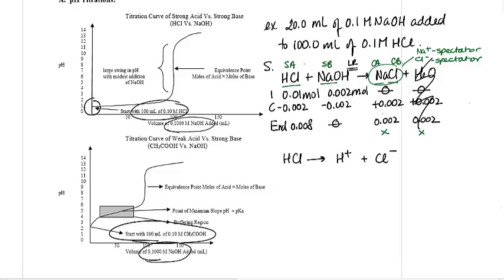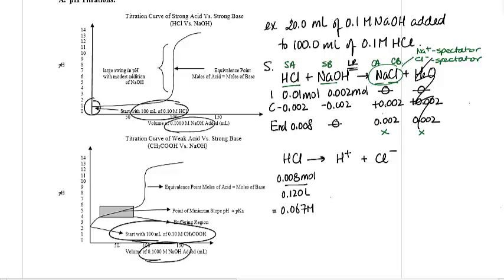So we take a look at the concentration of the HCl. It is going to be 0.008 moles, and we divide it by the total volume. So in this case, 120 mL, so divided by 0.120 liters. And our concentration over here is going to be 0.067 molar.